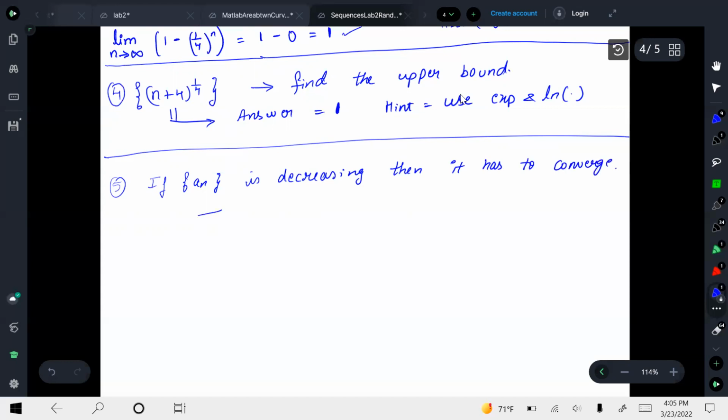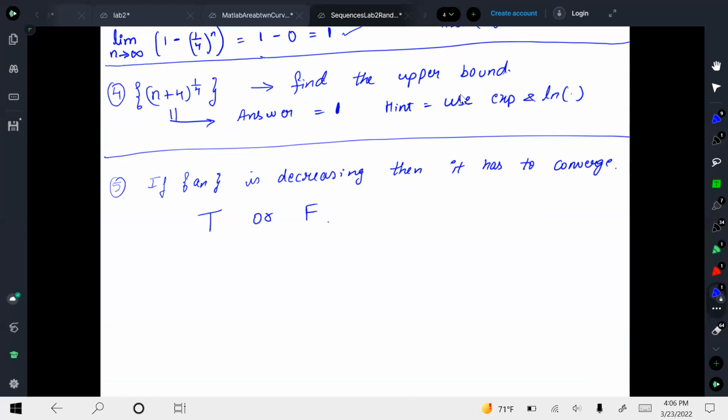Is this statement true or false? What do you think? Is it true or false? Do you think every sequence which is decreasing will definitely converge?